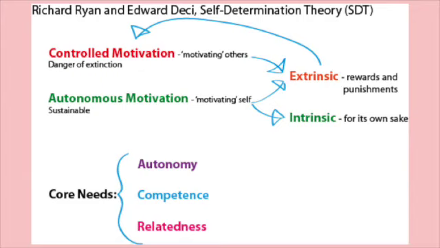Now, the interesting finding from Ryan and Deci is that we can turn autonomous motivation into controlled motivation by using rewards and punishments. And at that point, there's a danger of extinction of the behavior. Ironically, you can get someone to stop doing something by rewarding them for it and then stopping the rewards.